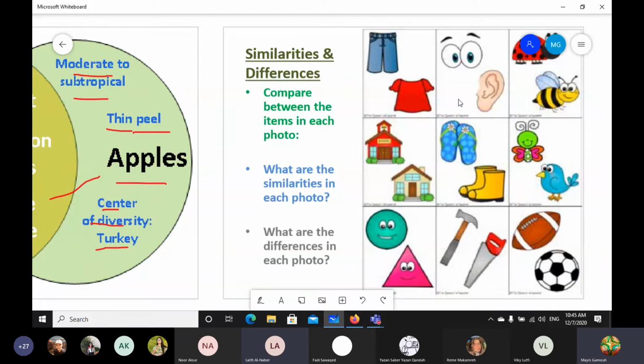The eyes are for seeing and the ears are for hearing. Yes, it is a difference, dear. Okay, what do they have in common? How are they similar?